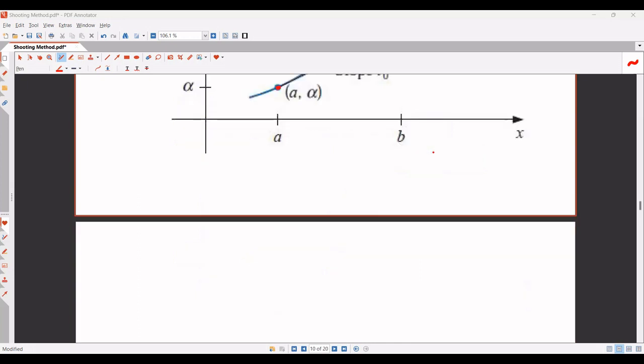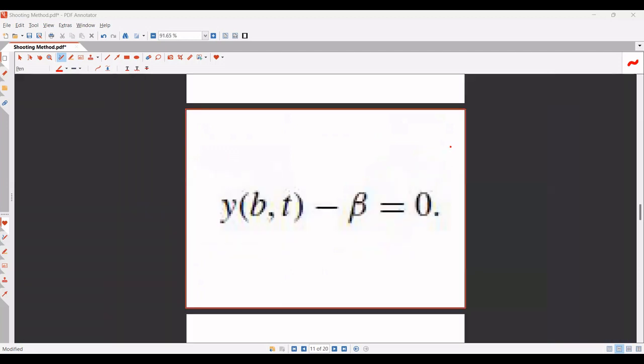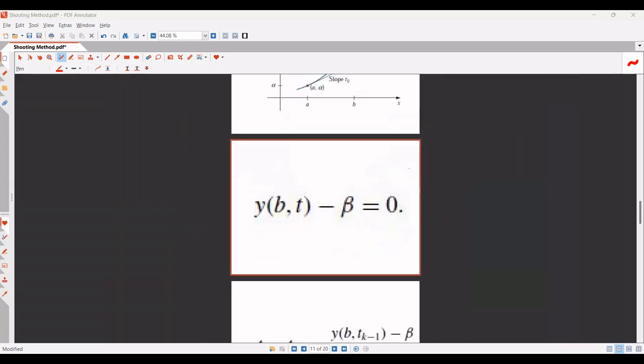Then the equation that we are going to use to find the next one is the Newton-Raphson method here. Let's see how. At the end, y at b for our best choice of t should be such that this guy equals beta, so that this guy minus beta equals 0.